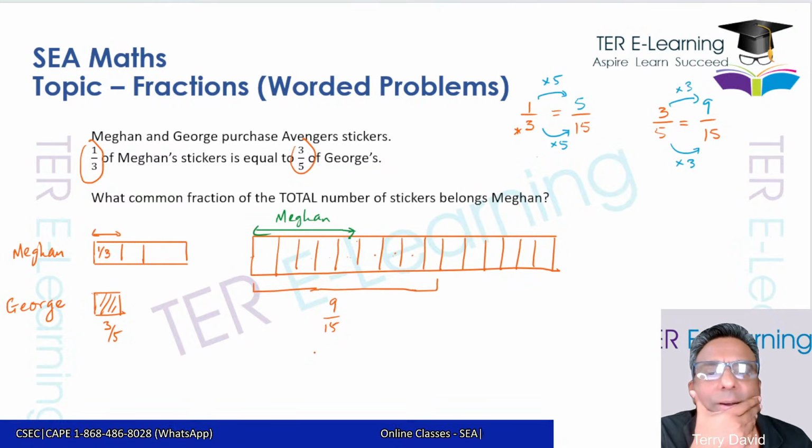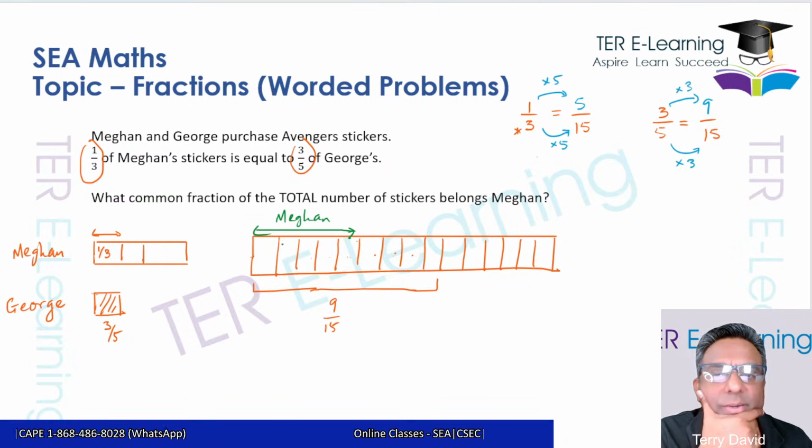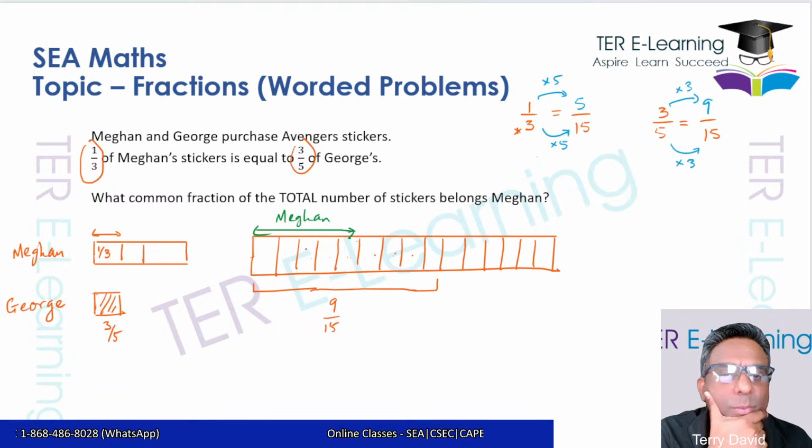Well, let's make sure we're doing that correctly. 1/3 of Megan's stickers is 1/3, which is 5 over 15. So 1, 2, 3, 4, 5.